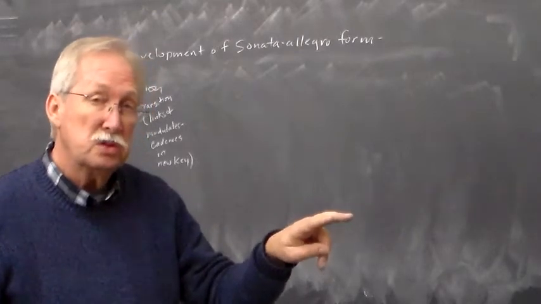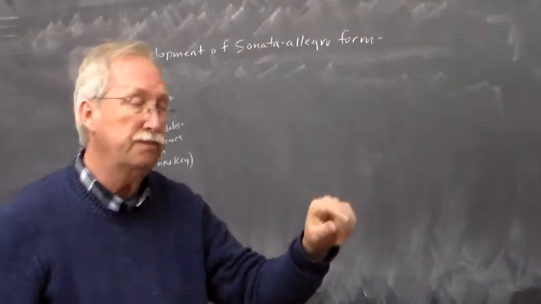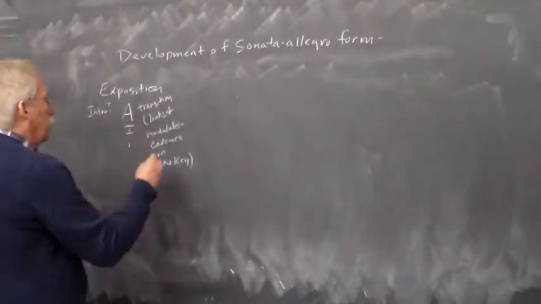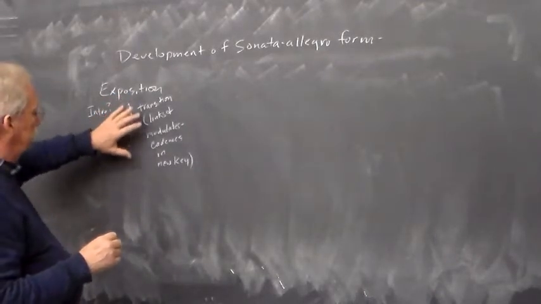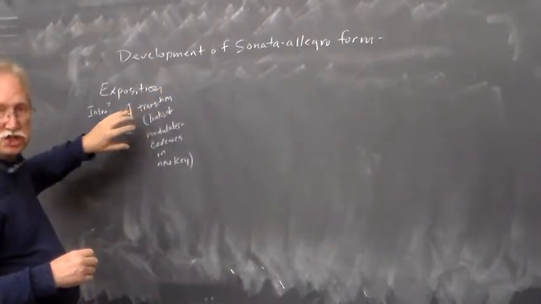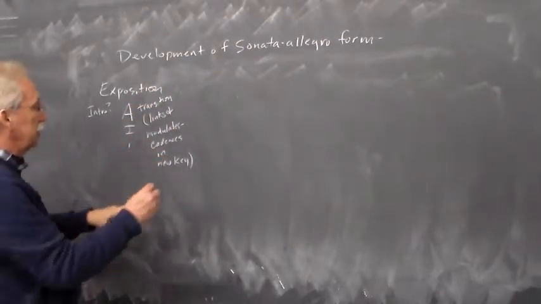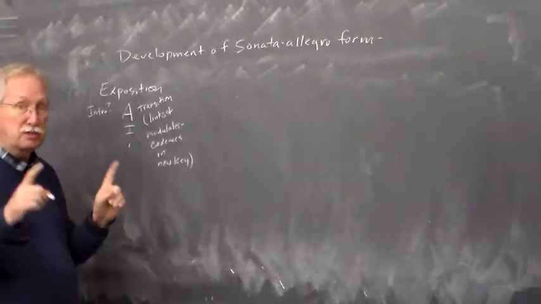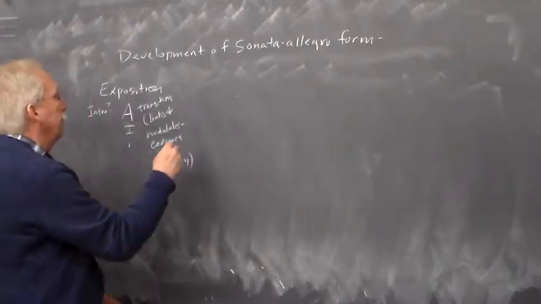That's not unusual, but it's not as typical as going to the relative major for the second key in a minor work. All right, so you're looking for A, that's the first section. You're looking for the transition, that's the second section. It's going to cadence. Don't label it as B theme if it hasn't gotten to the key that you're expecting. Remember that from rondo form.